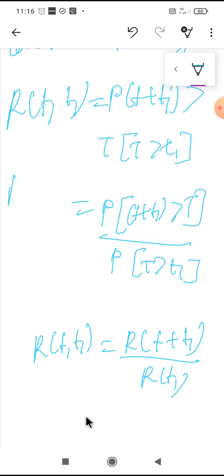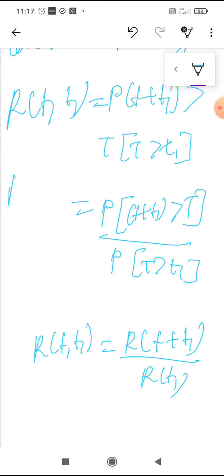For a product with a decreasing hazard rate, the conditional reliability will increase as the age T1 increases, and it will decrease for a product with an increasing hazard rate. The conditional reliability of a product with a constant failure rate is independent of age. This suggests that a product with a constant failure rate can be treated as good as new at any time. So this is the meaning of conditional reliability.